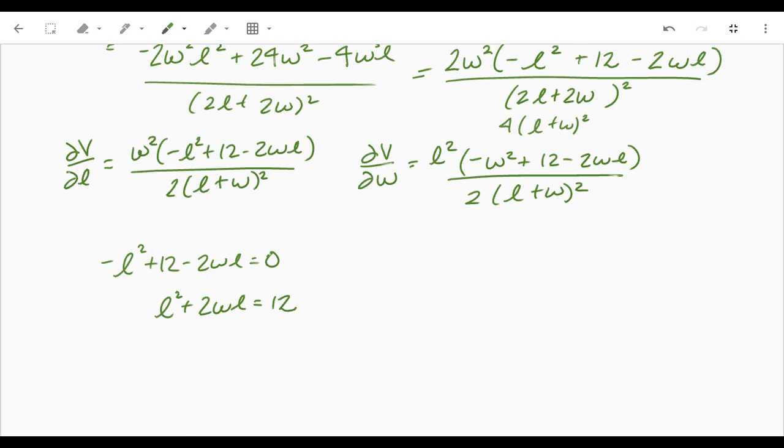And then we get our second one over here. If we plug it in, let's solve this one for, what do we want to solve it for? Well, maybe we could solve it for 2WL.